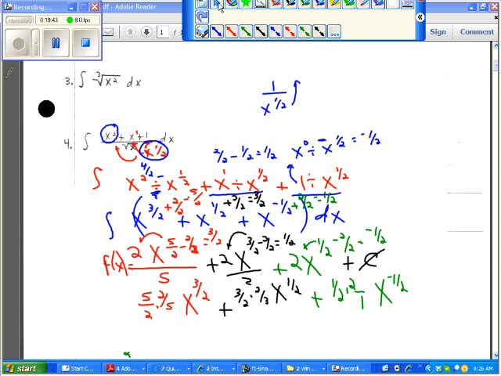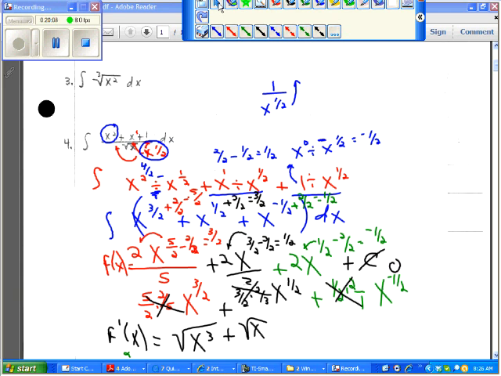And the constant goes out. And so we're going to have f prime of x is, those go out, x to the 3 halves, which is the square root of x cubed. Those go out, plus x to the half, which is square root x.